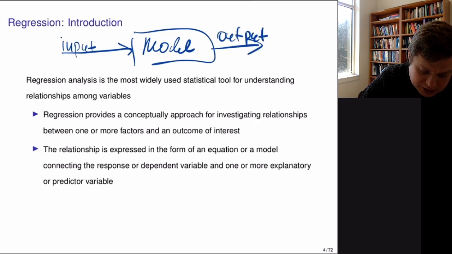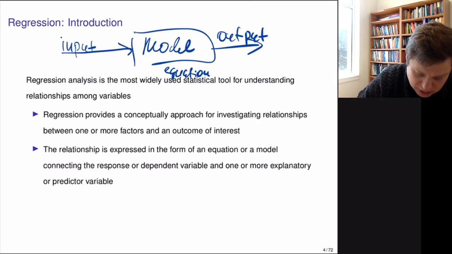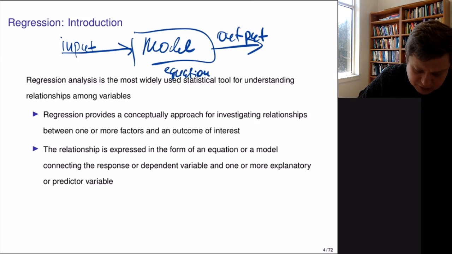And so the model is just some equation that takes some numbers and produces an output. And the inputs and outputs come under different names.